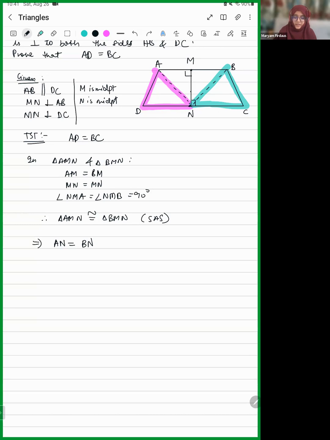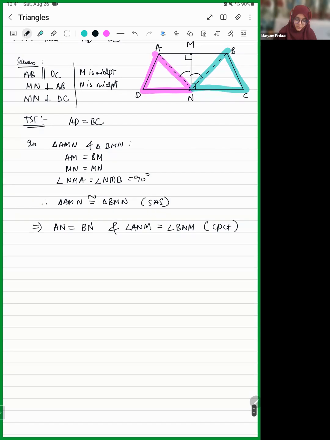So can we take this angle equal to this angle by CPCT? Yes, by CPCT of these two triangles, which we have just proven as congruent, angle ANM is equal to angle BNM.